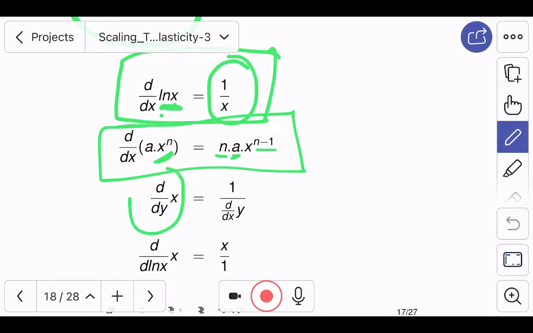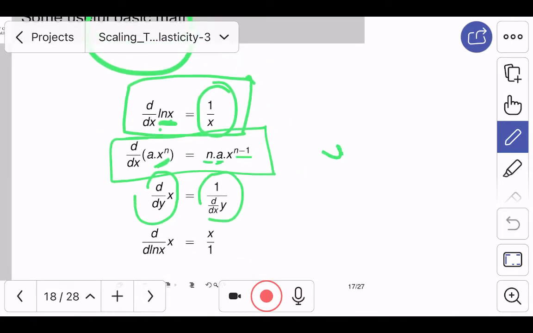What is the derivative of x with respect to y? Well, it's the inverse of the derivative of y with respect to x. It's the same thing, inverted. So this is basically telling you if you had an equation which said y equals a plus bx, that's the slope, change in y with respect to x.